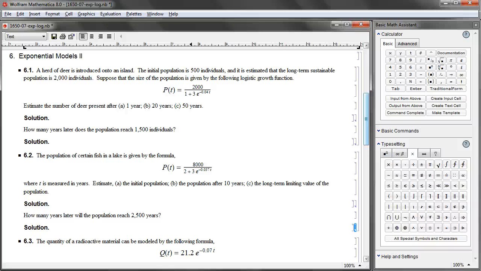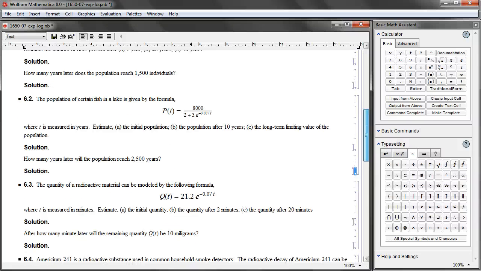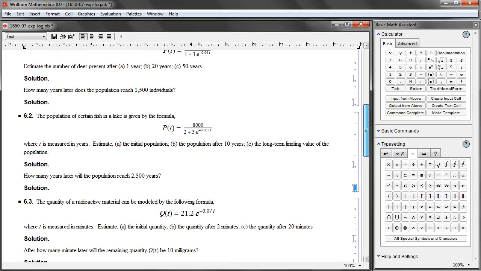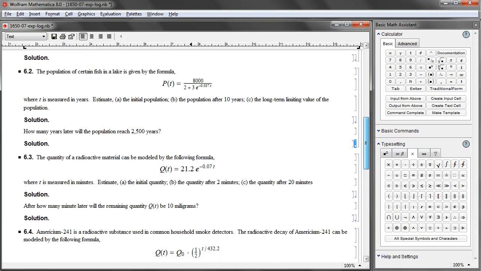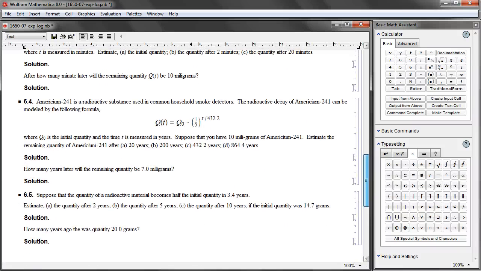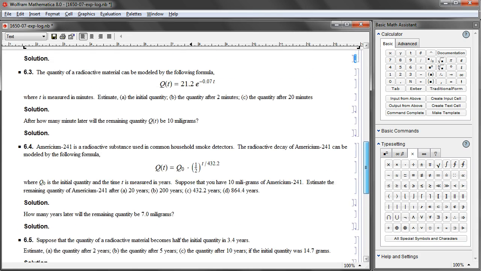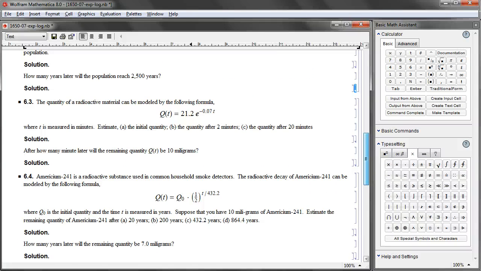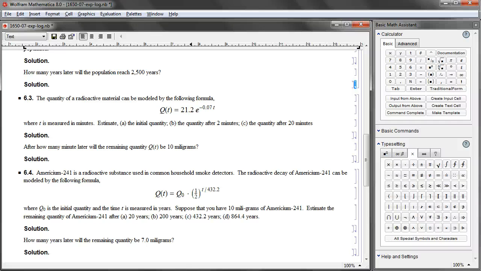Now let's move on to radioactive decay models. The quantity of radioactive materials... okay, I don't like 6.3 very much because it's not really related to the real substance. But let's do it.